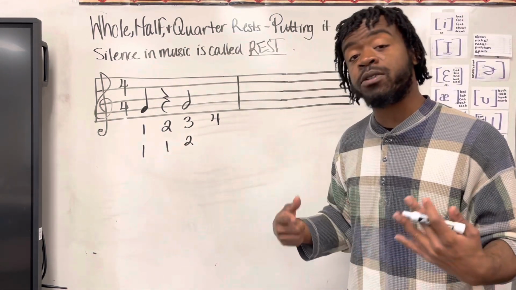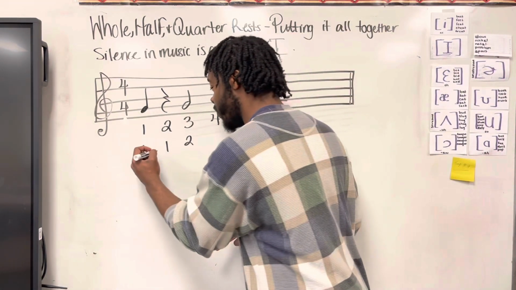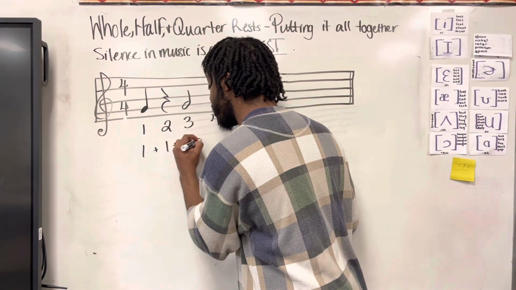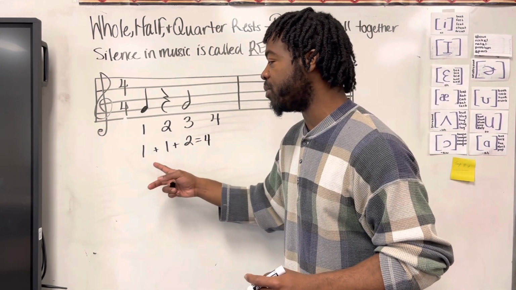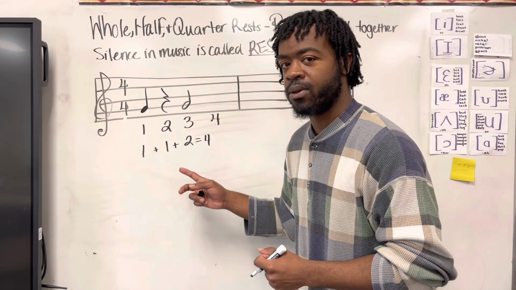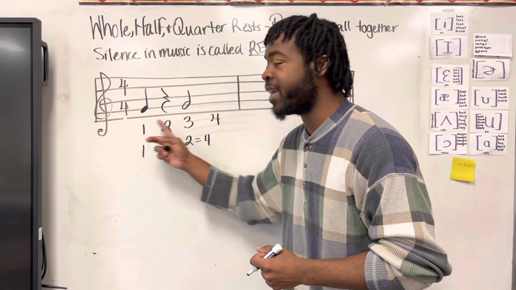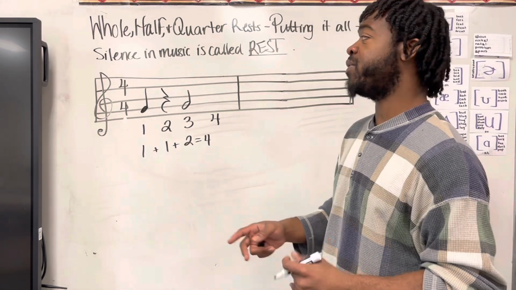You have to count the beats. Yes, this is 1 + 1 + 2. Sure, that's 4. 1 + 1 + 2 is always gonna equal 4, right? But you can't say 1, 1, 2 and count this properly.